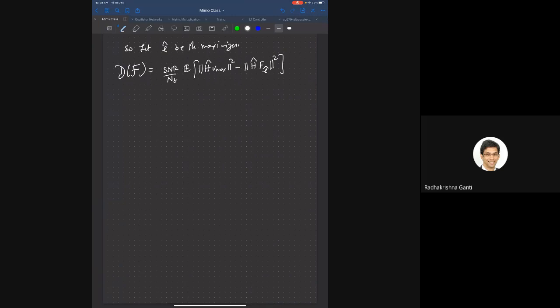This is fine. I'm just saying L hat is the maximizer. Now it's going to get a little bit harder, so you have to follow this carefully. I'm going to write one step. First look at this, and then we'll discuss.